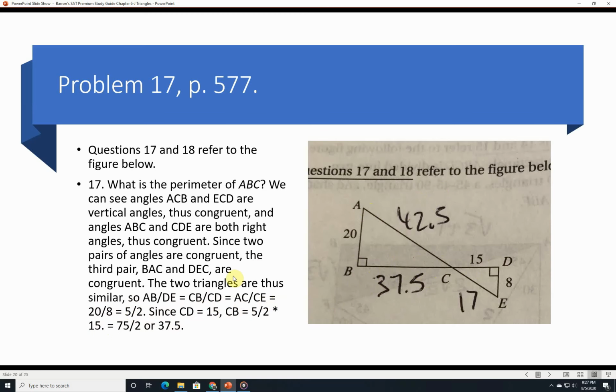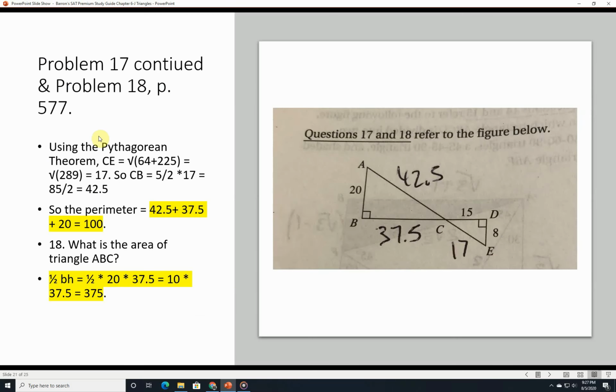So, the next question is, using the Pythagorean theorem, we still have to figure out the rest of this. So 15 squared plus 8 squared is going to be equal to 64 plus 225, which is 289. 289 is 17 squared, so you take the square root of 289, get 17.